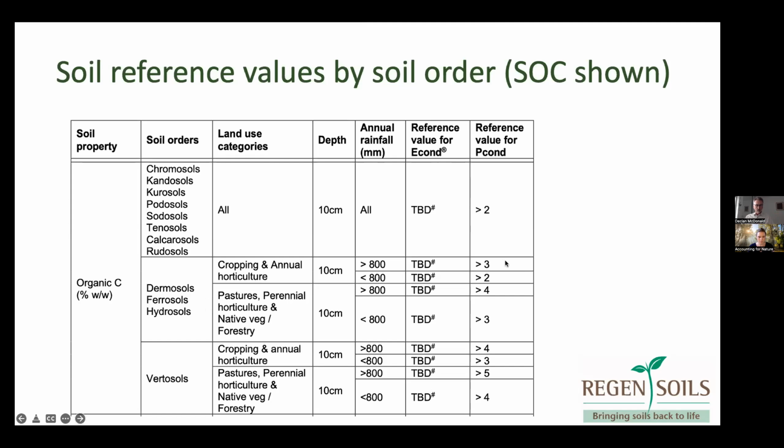Depending on annual rainfall, there'll be higher or lower minimum levels of organic carbon. And vertisols are in a class of their own here, again reflective of the expected very high clay content that we'll have in a vertisol.